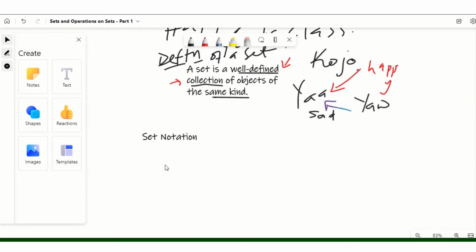Now, you see, every language has certain words that are used to describe it. Every language has its own language, to put it in that fashion. Let's say you are studying the English language.